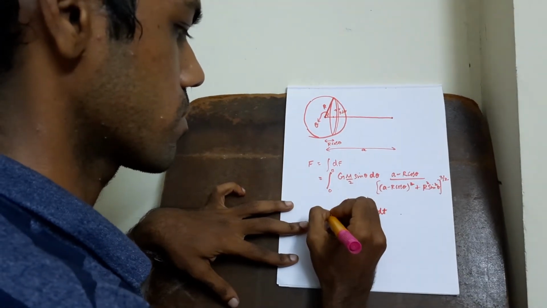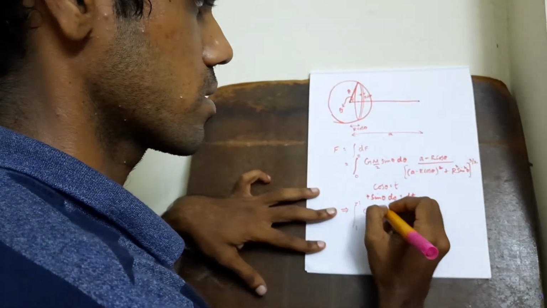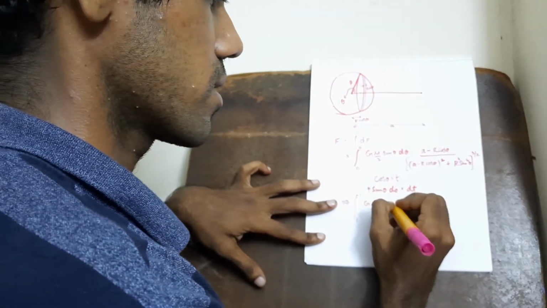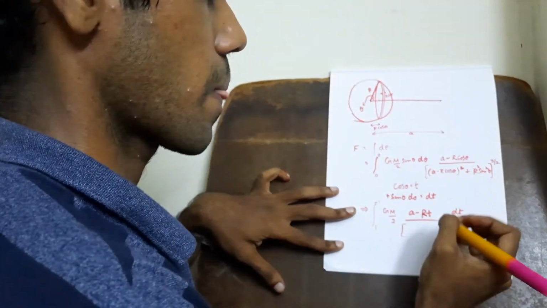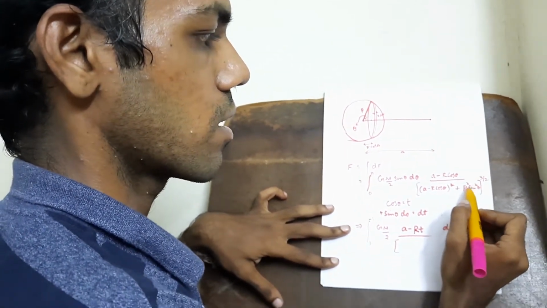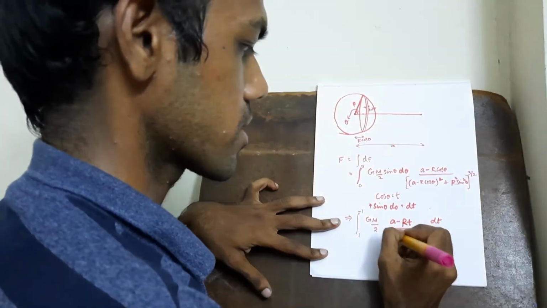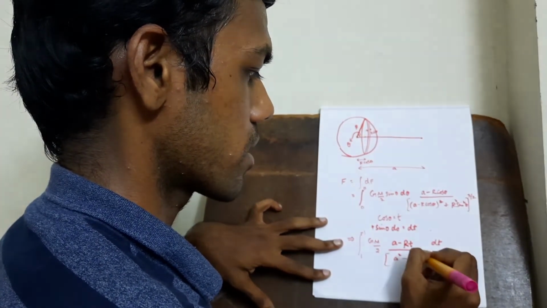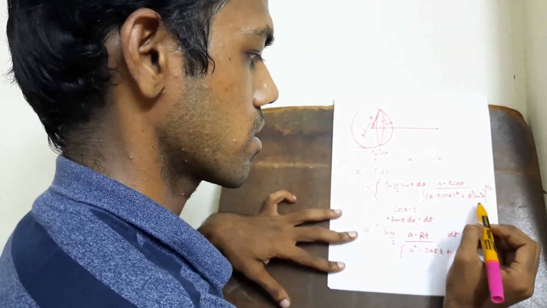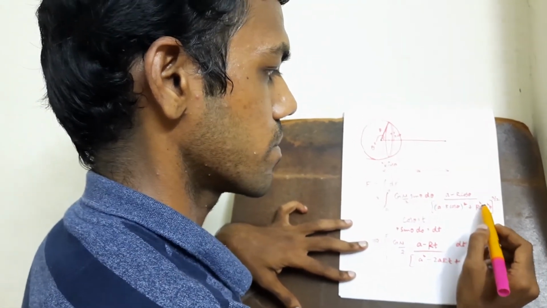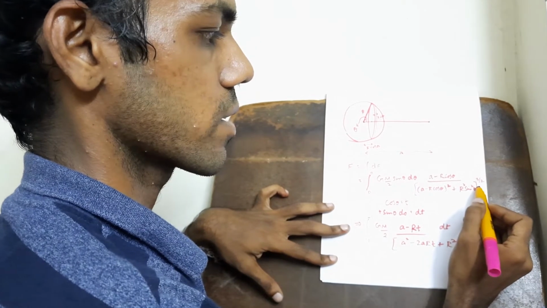When substituting it we get, cos 0 is 1, cos pi is minus 1, GM by 2, sin theta d theta is dt, cos theta is t, and the whole denominator becomes (a minus rt) the whole square plus (r sin theta) the whole square, where you finally get a square minus 2art plus r square sin square theta, which is r square (1 minus cos square theta), that is r square (1 minus t square).